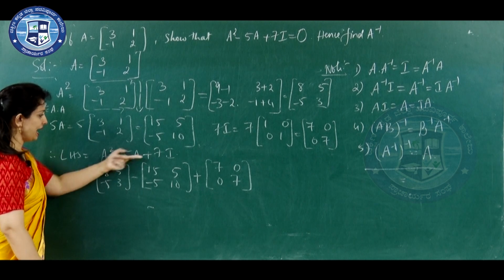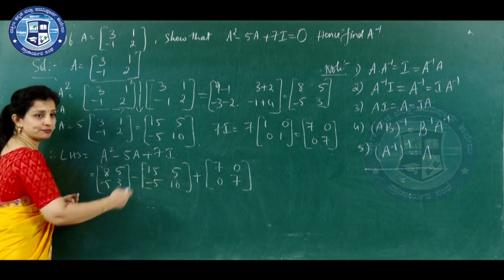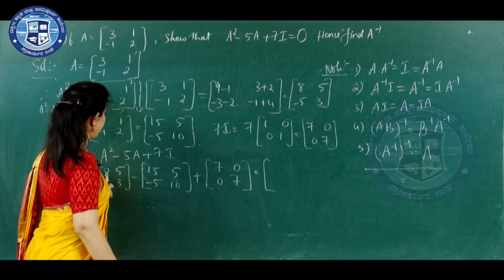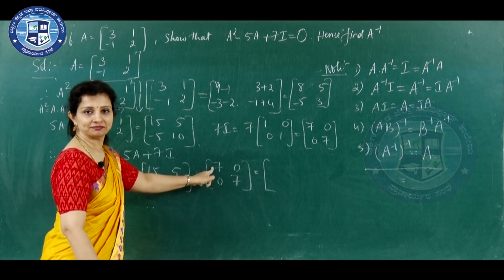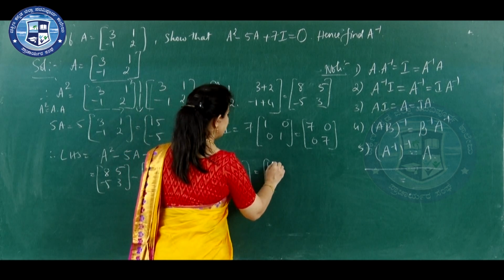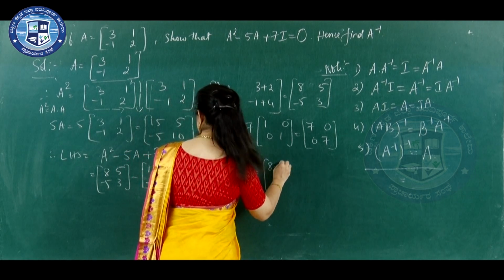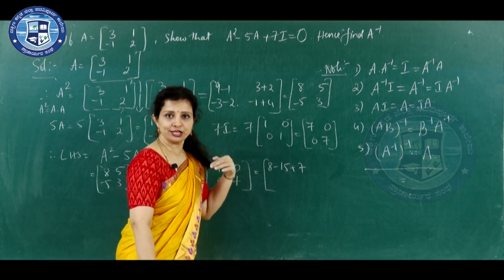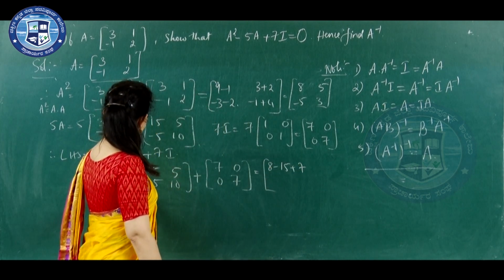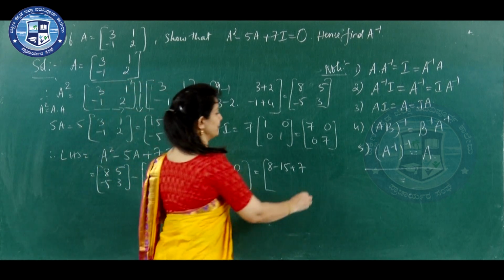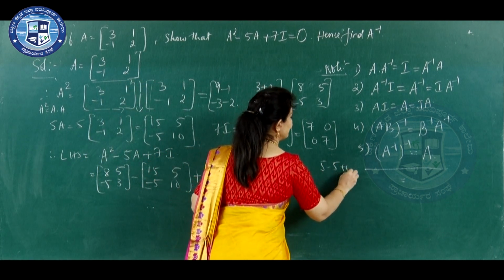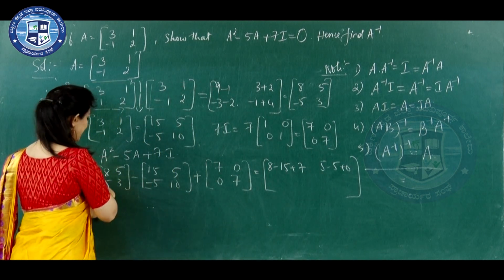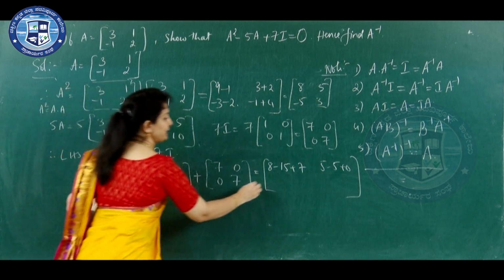Now, add the corresponding elements. First elements: 8 minus 15 plus 7. 8 plus 7 is 15, minus 15 is 0. Second elements: 5 minus 5 plus 0, which is 0. Next, minus 5 minus of minus, plus 5.